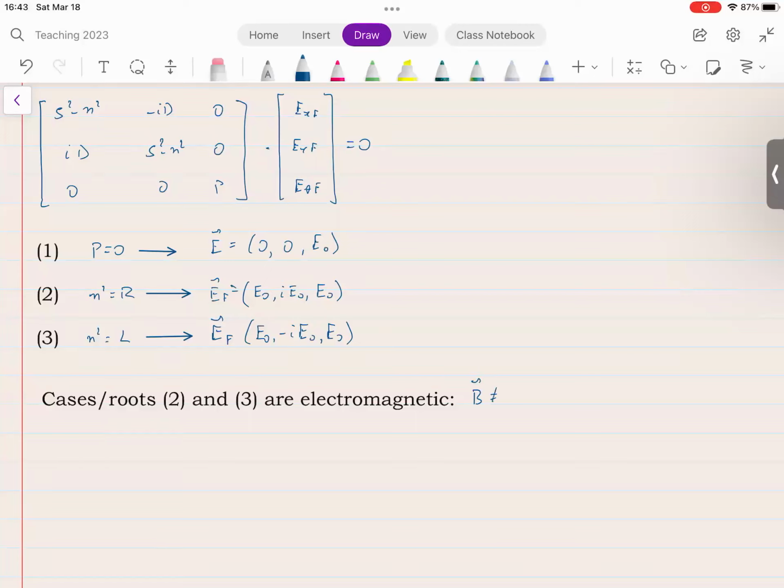That means that B is non-zero. Not the equilibrium, there is no subscript.